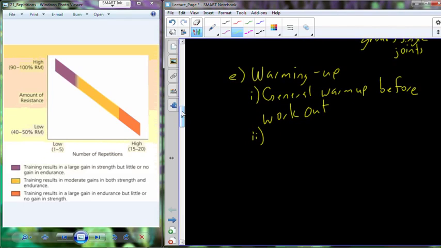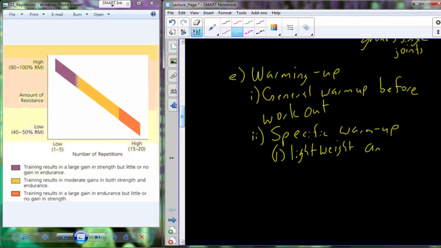But then you also want to apply specific warm-up. And the specific warm-up is going to be very lightweight, and a high number of repetitions for each exercise.